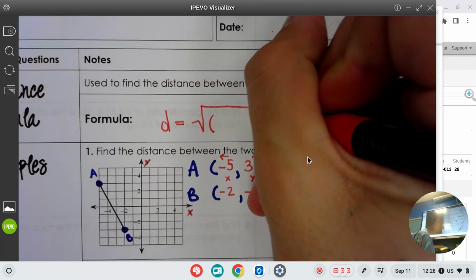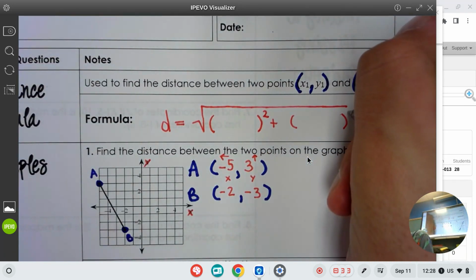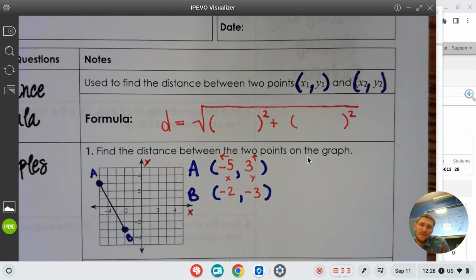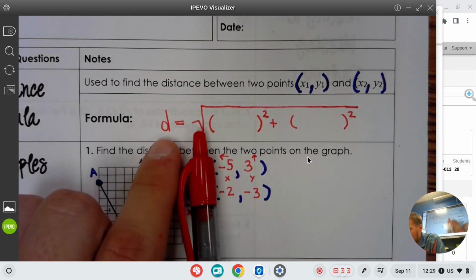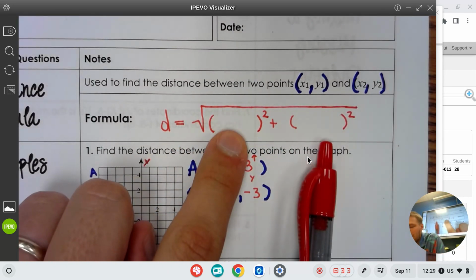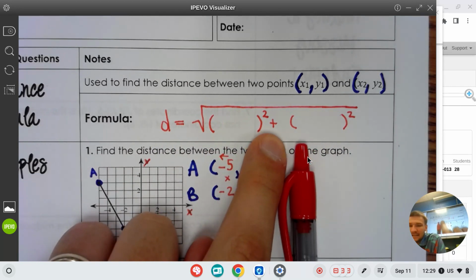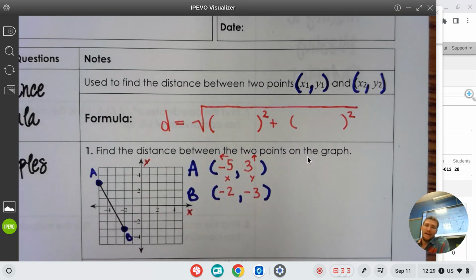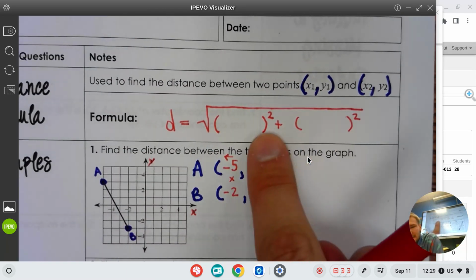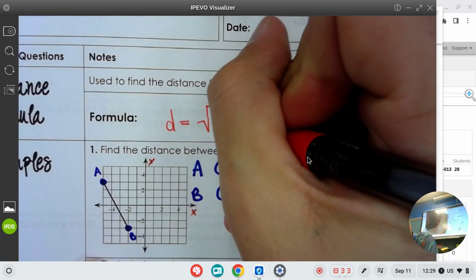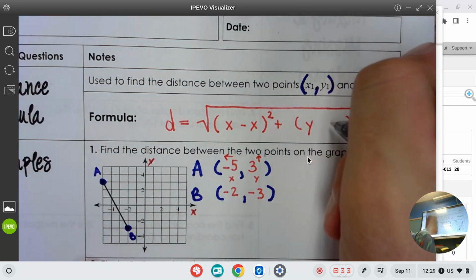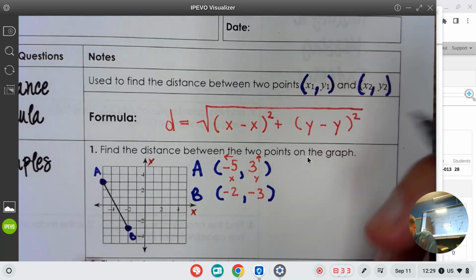And we're going to square those parentheses, both of them. So what we've got so far is the square root of 2 parentheses sets that are added together, and each of them is squared. And we're going to finish off the inside of these parentheses. We're going to need to do x minus x and y minus y.